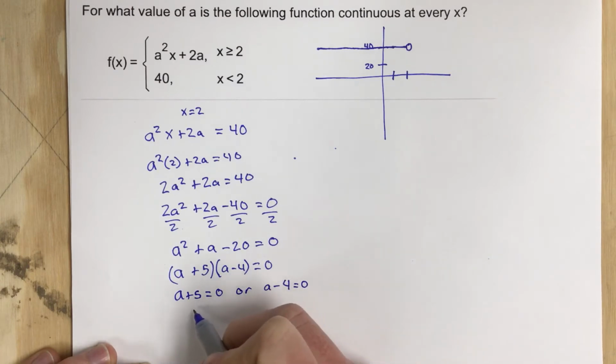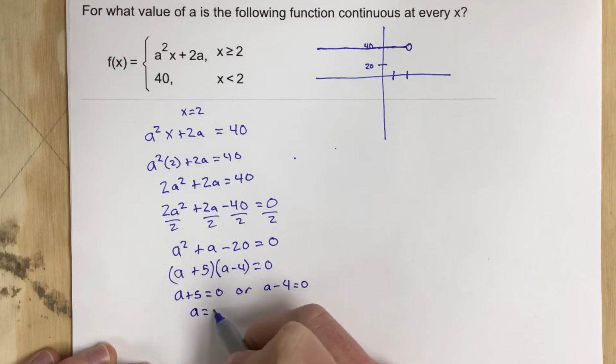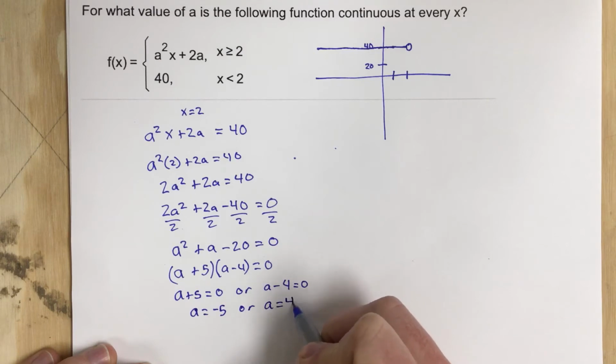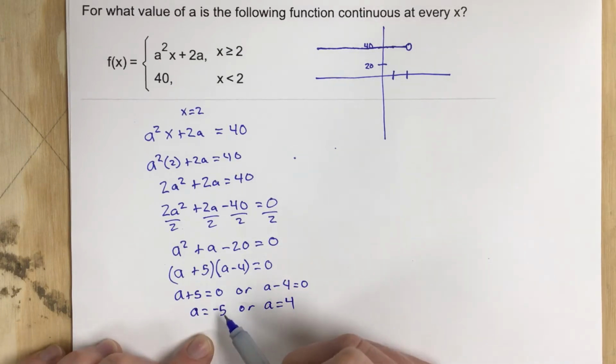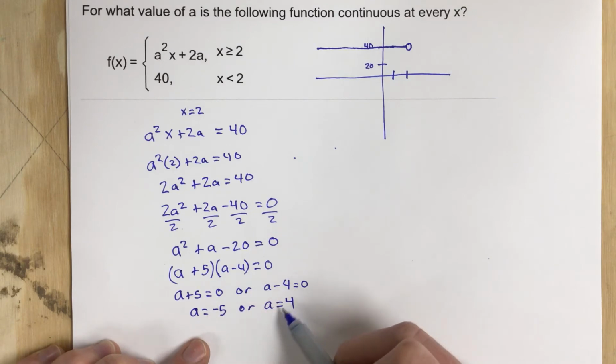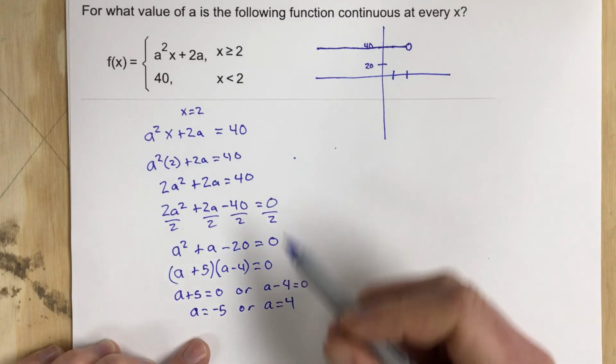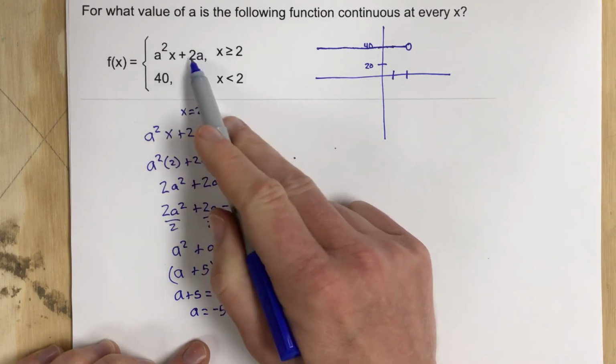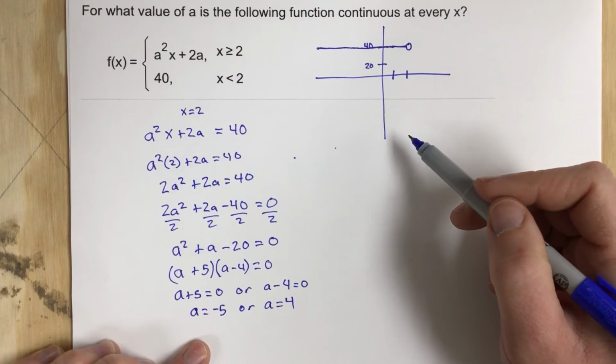When we subtract the 5, we get a equals negative 5, or when we add the 4, a equals 4. So it's saying that our value of a being negative 5 or a equal 4 will give us a piece of this piecewise function that makes it continuous for every value of x.